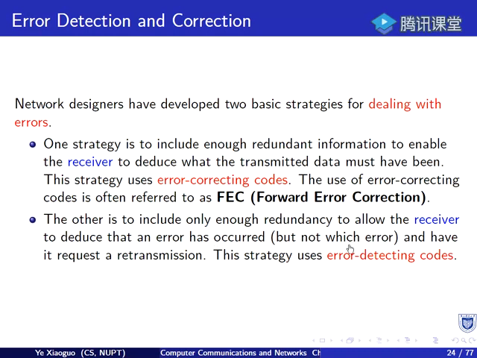Even if an error occurs, the receiver doesn't know which bit is in error, so it has to request a retransmission, not error correcting. This strategy uses error detecting codes.